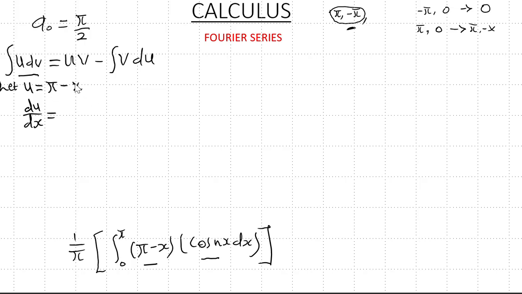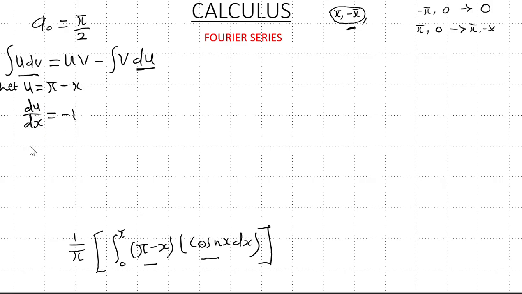And also differentiating x is 1, but there is a negative attached to it, so it is minus 1. If you look at the formula, there is du here, so we need to find du. Let's make du the subject.